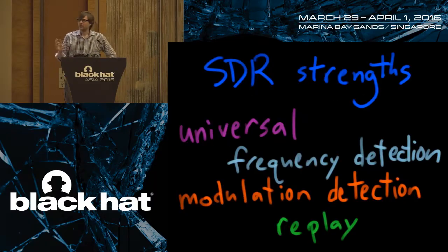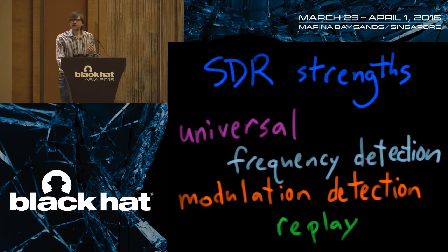And SDR has a number of strengths that I mentioned, and in particular, the greatest strength is that it's universal. You can implement any kind of modulation with software-defined radio because it is completely describing everything that happens in that bandwidth for a period of time. And so any modulation that fits within that fixed amount of bandwidth can be implemented with a software modem in software on my laptop.